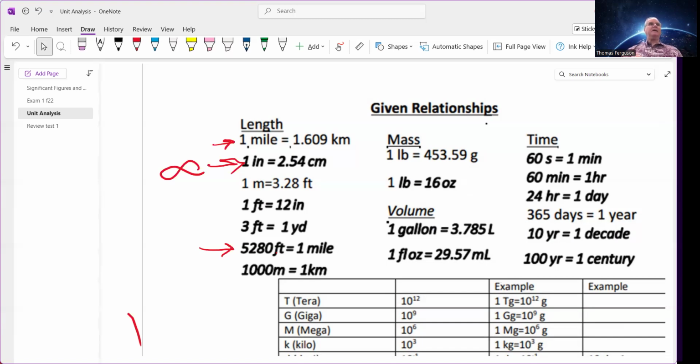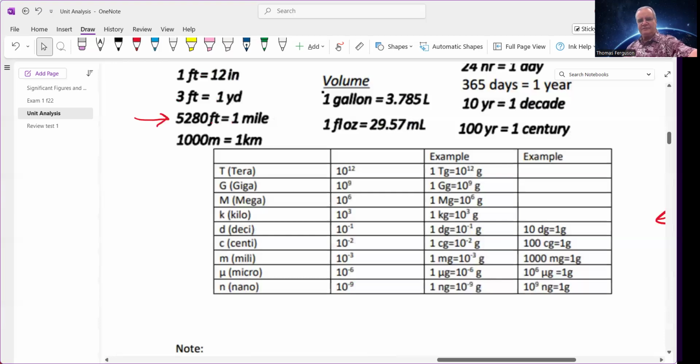And it's really hard to tell the italicized from non. So I said, screw that, make it bold, so it's really obvious what is defined. So everything bold is by definition. So by definition, there's 2.54 centimeters per inch, 16 ounces to a pound, that kind of stuff. Also, I enlarged the metric table.